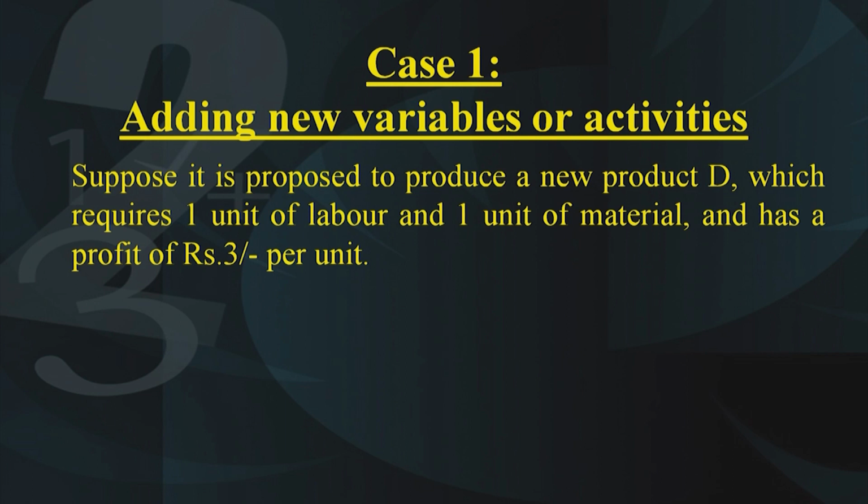So, we want to see whether it is beneficial to produce D or not. That is the question we have to answer. Therefore, the question is: is it economical to produce D or not?